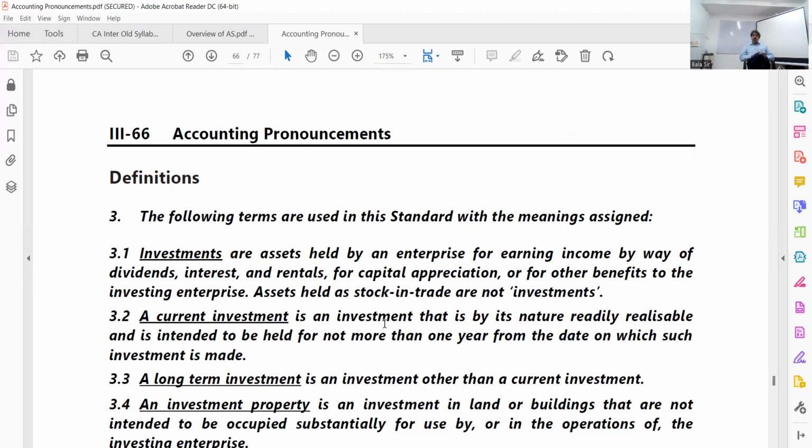You know, why do you call something as an asset? Because that is going to generate future economic benefits. And those FEBs or future economic benefits can be the asset generating income. Example, suppose you buy shares in a company, what do you get? Dividends.